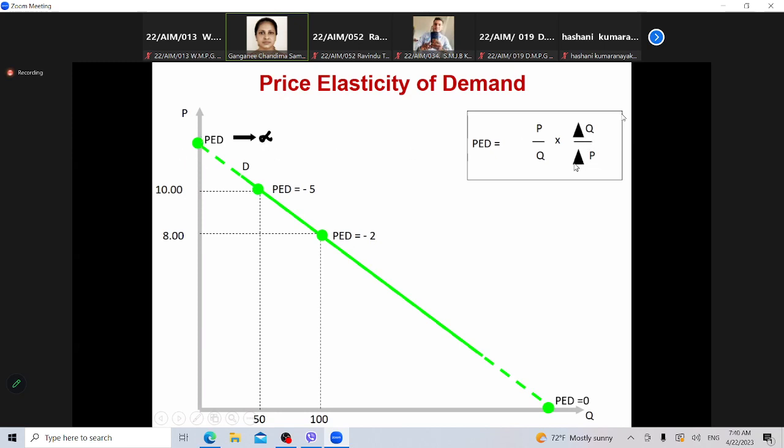Here delta P becomes 0, no change. So when something is 0 in this case, you know that the answer becomes infinity. You got this idea last week, and we observed throughout the line how price elasticity of demand changes.